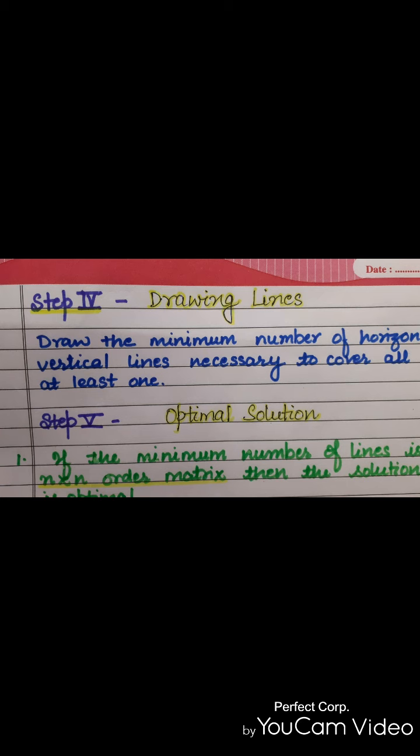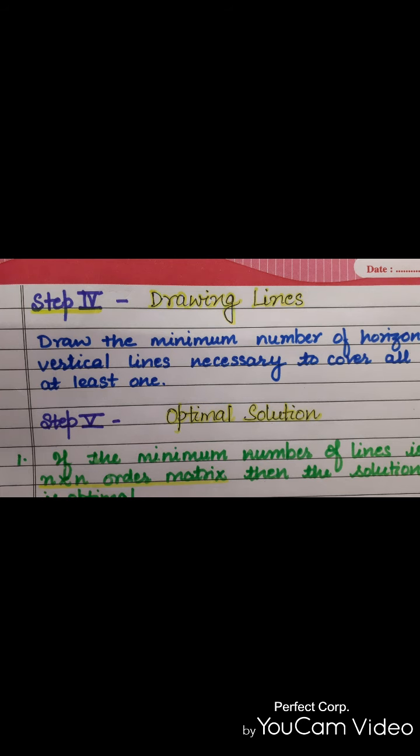That means in minimum number of lines, कम से कम लाइंस में आपको उस असाइनमेंट प्रॉब्लम की सारी ज़ीरोज़ को कवर करना है. You have to cover all the zeros of the assignment problem in minimum number of lines. And just you have done this fourth step, that is drawn the minimum number of lines.